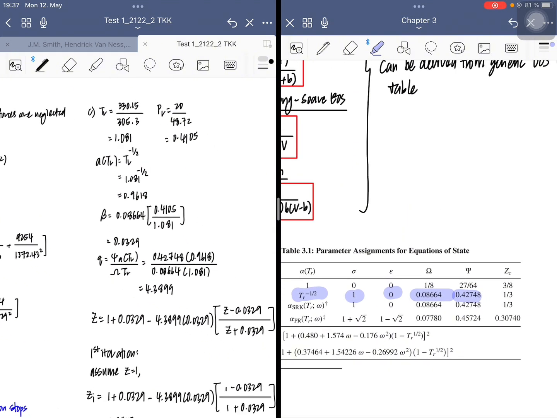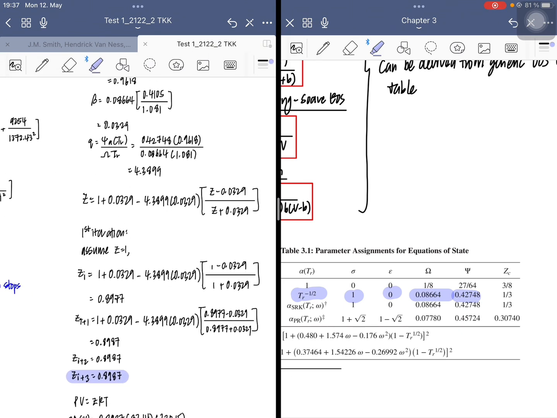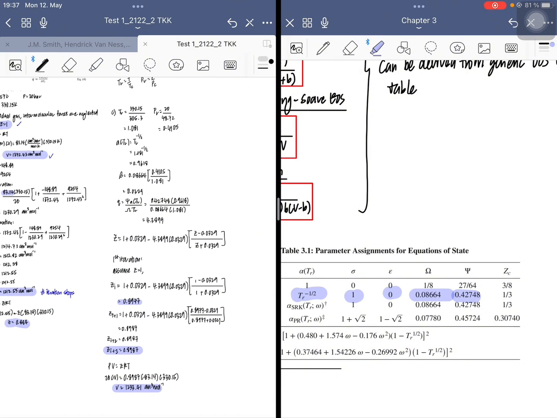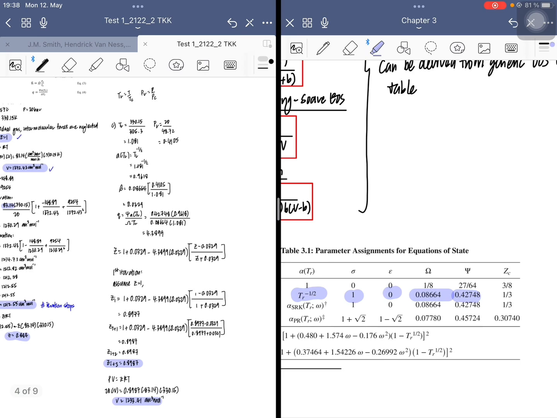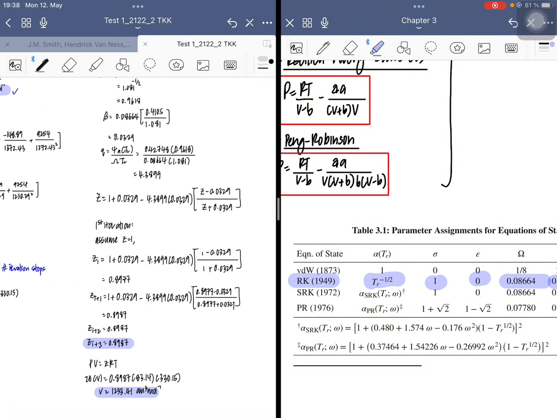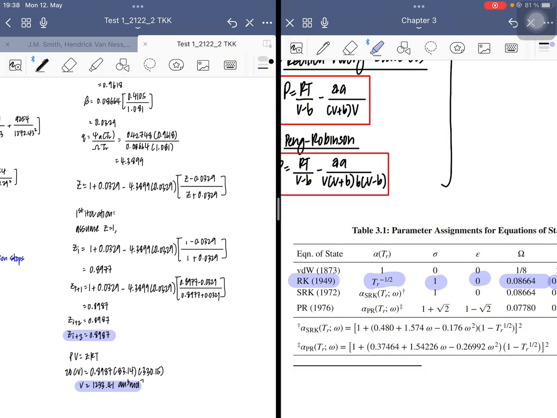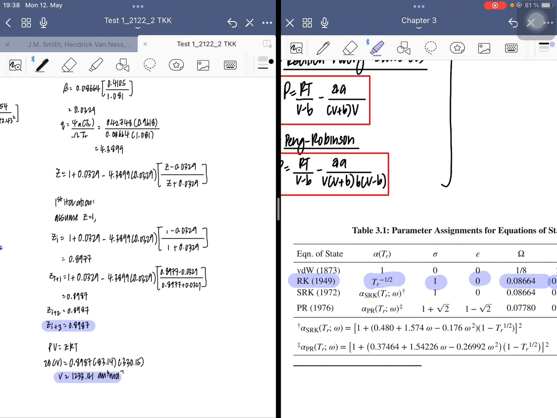So yeah, but also make sure that this is not your final answer, because you also have to do iteration for the Redlich-Kwong equation, Soave-Redlich-Kwong, and Peng-Robinson. So again, I try to plug in the video of me pressing the calculator, so you guys are familiar with it later during the exam.